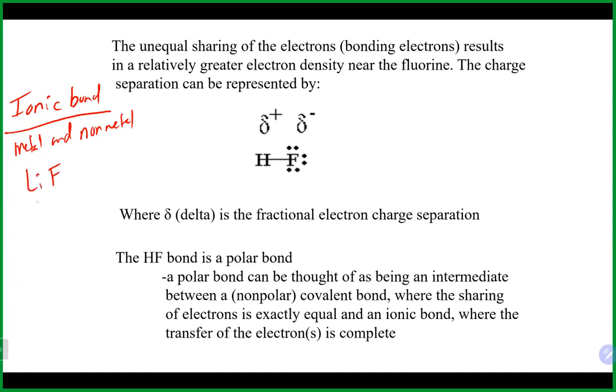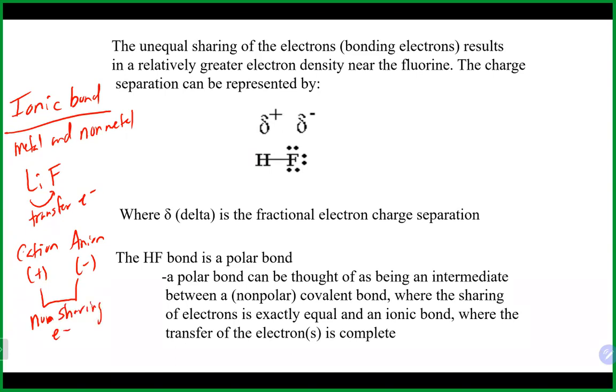In this case, we get a transfer of electrons, creating a cation that's positively charged, an anion that is negatively charged, and again, no sharing of electrons. It is that positive, negative electrostatic attraction that holds that together. So that's one end of the spectrum in terms of bonding.